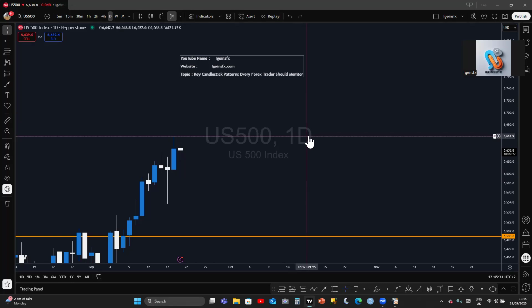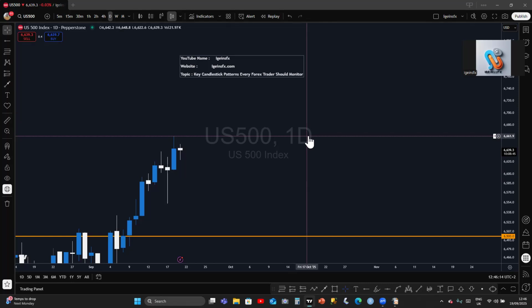Be it you a buyer or a seller, once you open your chart, it is the candlesticks that represent the activities going on in the Forex market. At every point in time, there will always be a candle that is printing. Either the candle is pointing up, that means the price of the asset is increasing, or the candle is pointing down, that means the price of the asset is decreasing.